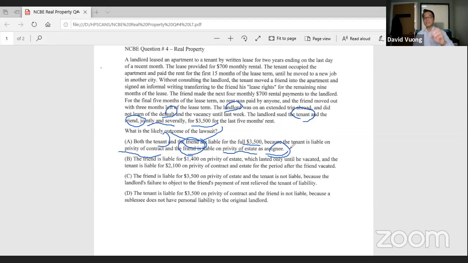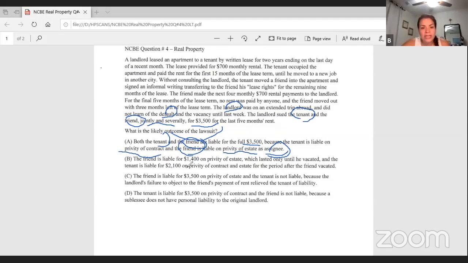So this would be the correct answer if the facts said that the tenant assigned less than what he owned. Mr. V, is that a sublease when it's less? Yes. When it's a sublease, therefore the tenant is still liable. Okay.